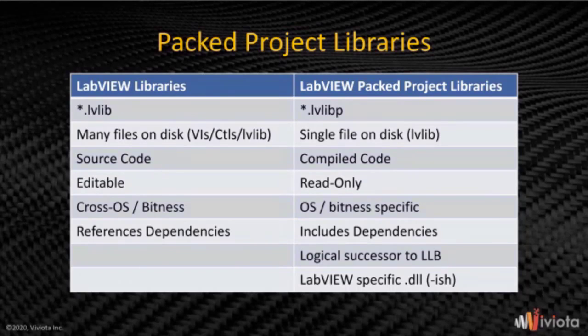One is if it's referencing another packed project library, that reference is now external. If you're referencing DLLs, that reference will be now external. All of those other dependencies are hidden inside of the packed project library, inside of the path structure in there, so you can't see them. So the interface that you get with the packed project library, you won't see those hidden dependencies.